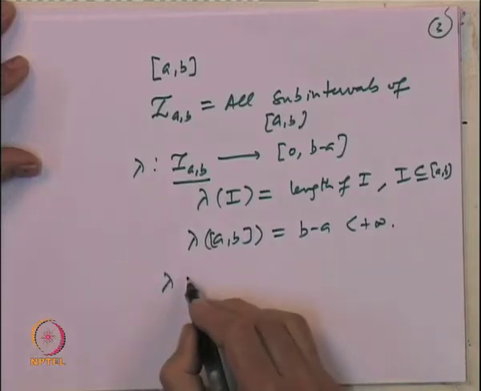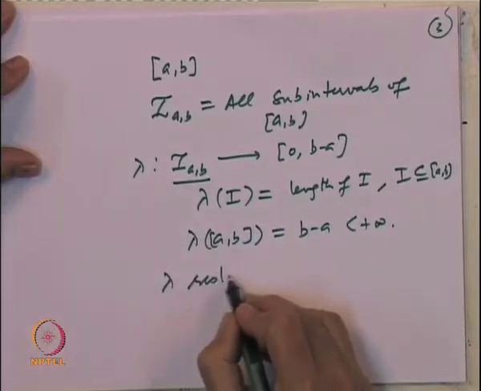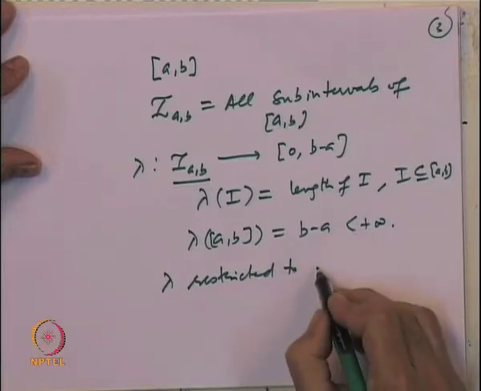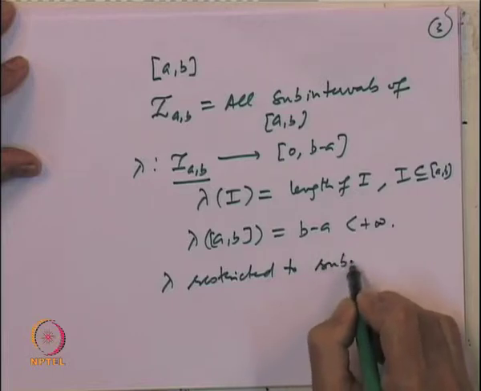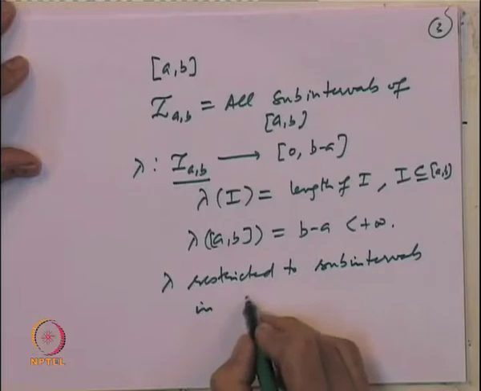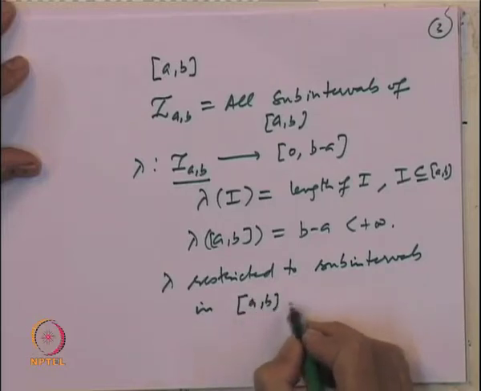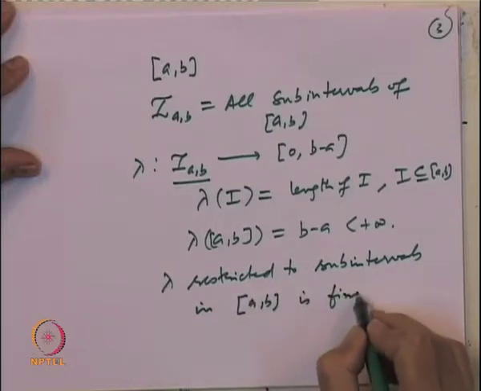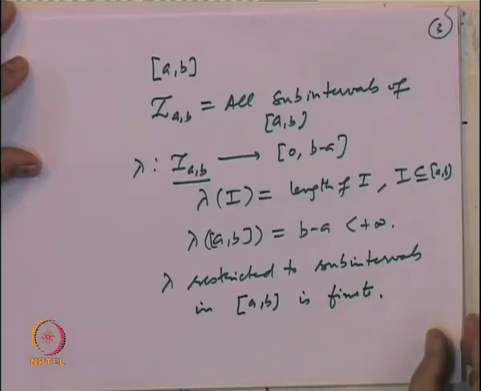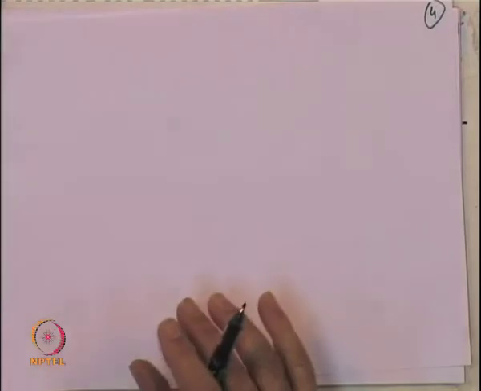So, one says lambda restricted to subintervals in a b is finite or totally finite for every a and b. So, this is an example of a measure which is totally finite.